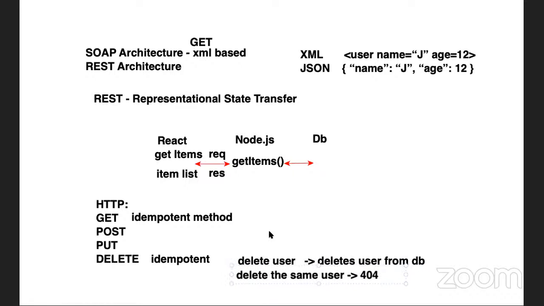Not available. If I make this request again, what response is going to get generated? 404. Initially, we are making the state change only for the very first request.